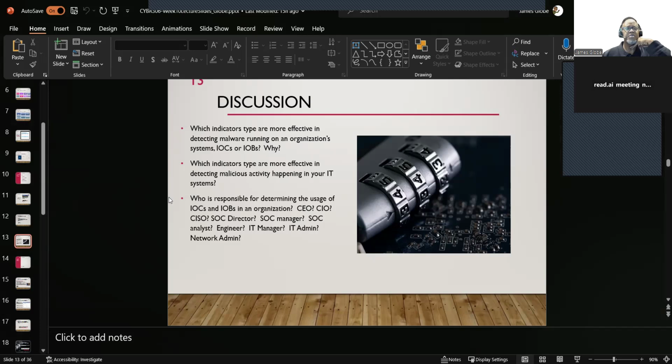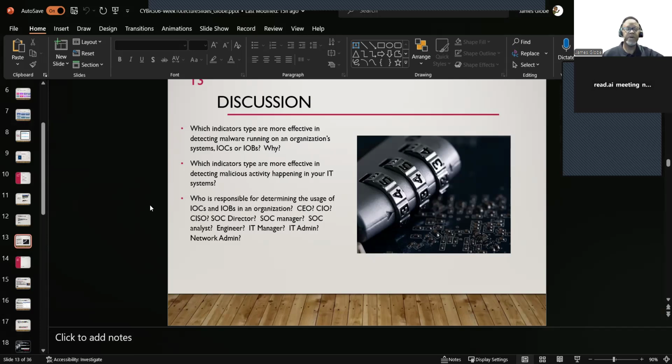Which indicator types are more effective? All of them are effective, but in your organization, you may prioritize some more than others based on the type of work you do, whether everyone's remote and it's a flat organization because it's small, so everyone gets access to everything, or a large organization where it's much more segmented. Those are the type of things you want to look for.